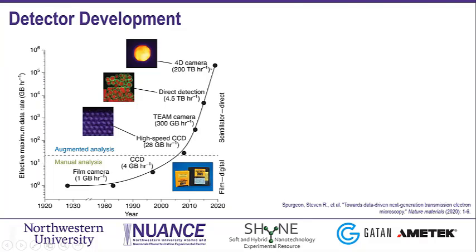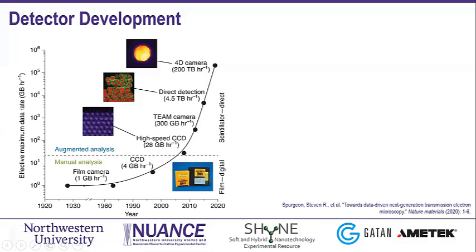As I mentioned before, over the past years there has been a very rapid evolution in terms of detection, and that really propelled the usage and application of 4D STEM here. Some of you might be familiar with this: this is how we used to collect images and diffraction patterns in the microscope, using film cameras. And this is a nice chart put together recently in a review.